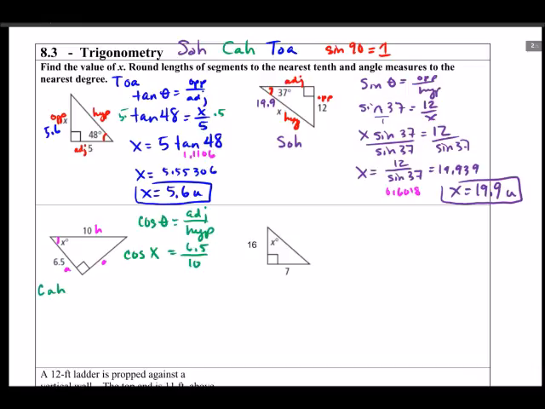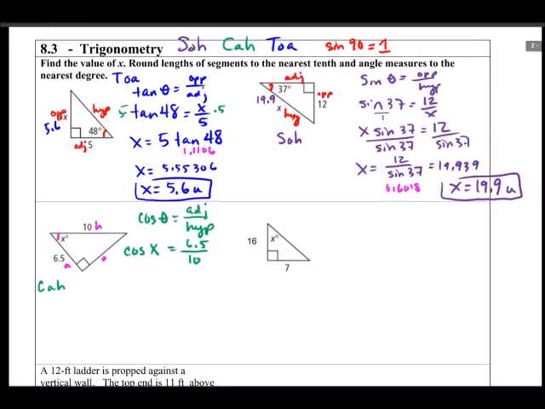Now, how do we do this? These are the inverse. To find an angle, x is the inverse cosine of 6.5 over 10. Now, what's 6.5 over 10? 0.65.